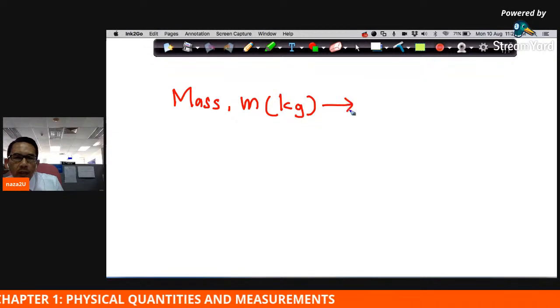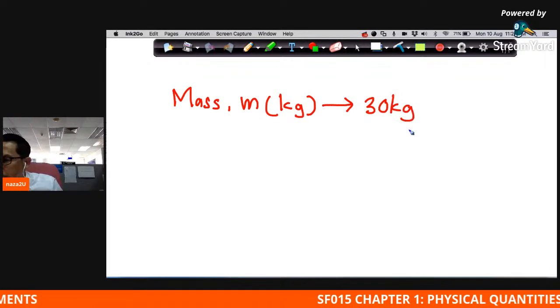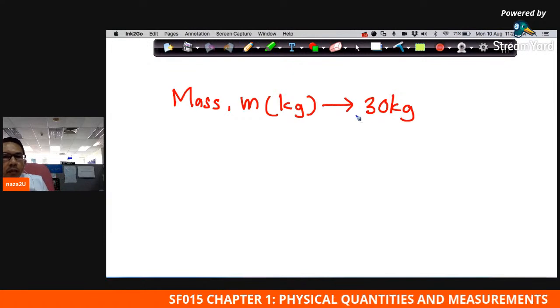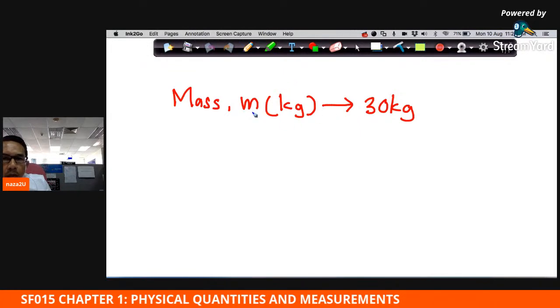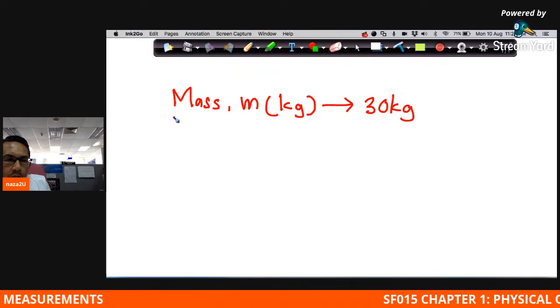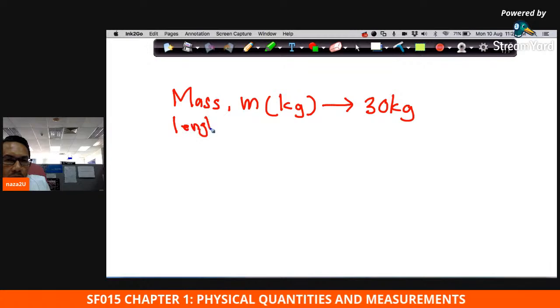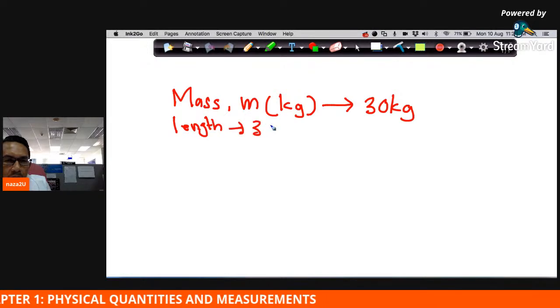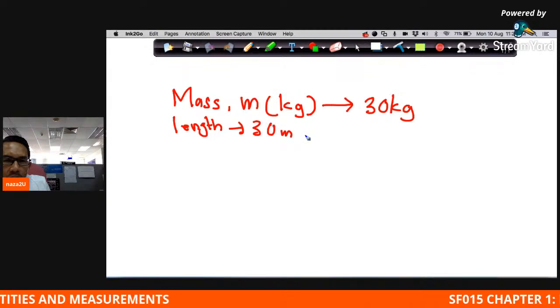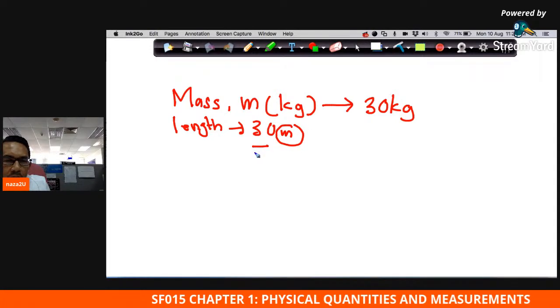Say the mass of the object is 30 kilogram. Second, you have a distance or length, say 30 meter. This is distance, so this is the unit meter, and this is the magnitude.